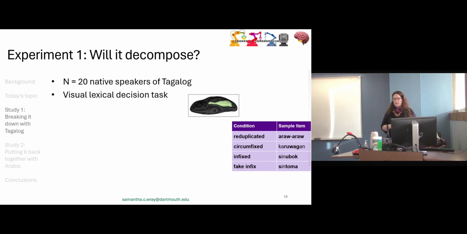A visual lexical decision task is one in which you are given a word on a screen, and you're simply asked, is this a real word or not? We have lots of fake words mixed in there as well to keep people attentive and entertained. I keep saying that because your brain signals really do differ if you're attentive to something versus just passively engaging with it. And also, lying down in the MEG, which is a silent machine, lying flat with a blanket, we do have a lot of people fall asleep.